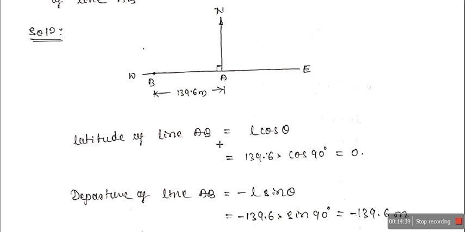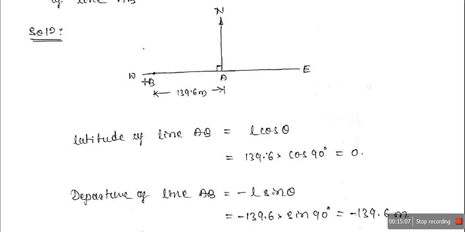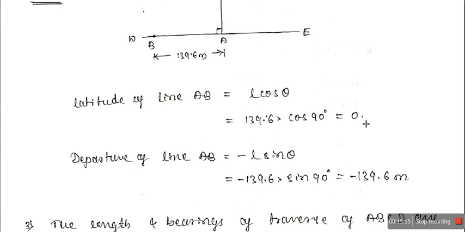You can calculate the latitude and departure of the line AB by using L cos theta and L sin theta. So the latitude of the line AB is equal to L cos theta. Putting in the values, 139.6 into cos 90 degrees is equal to 0, because he is moving along the west side, so there is no vertical distance. So the latitude is 0 and the departure is minus L sin theta.